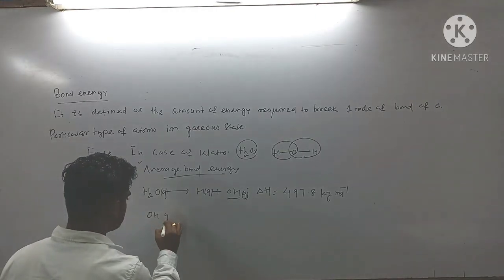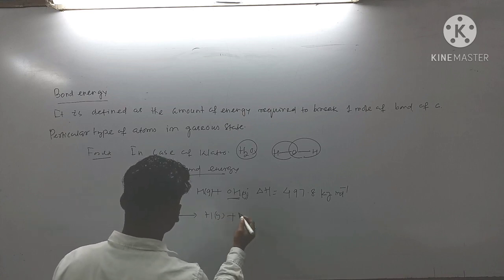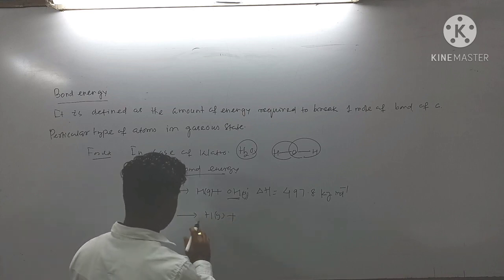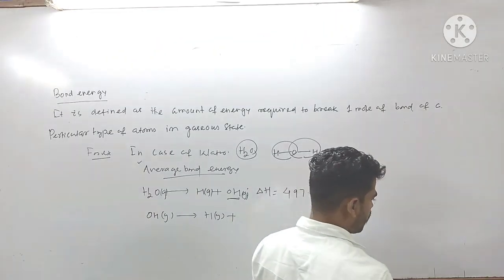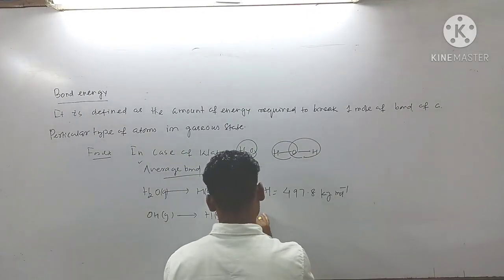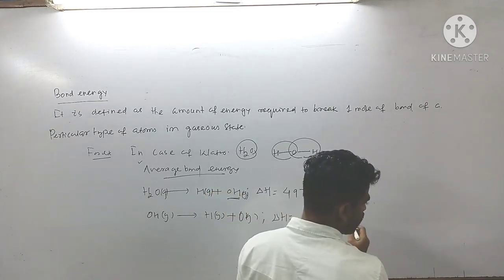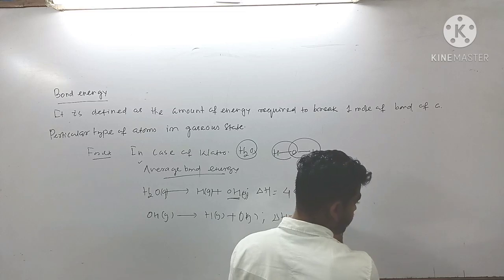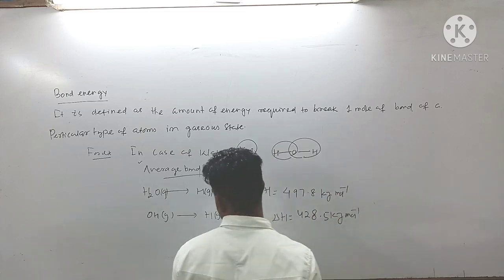So one OH is also there. This OH again breaks into H gas plus O gas. Again it is split into oxygen plus hydrogen. And here the value of del H is given as 428.5 kilojoule per mole.